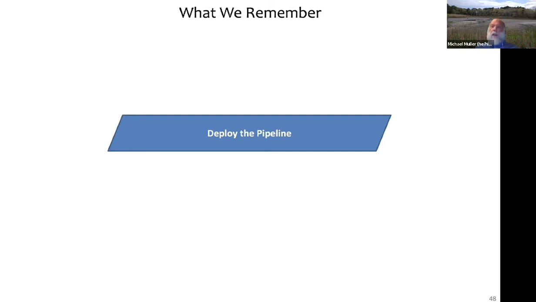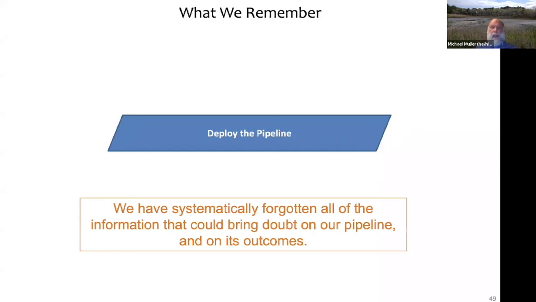And yet, remember all that stuff that human beings had to guess at, that human beings had to apply their best, responsible, and sometimes wrong judgment to, filled with social assumptions that they don't examine. And then there's the pipeline out there, and nobody can see all of those human actions in it. So we've systematically forgotten all of the information that could bring doubt on our pipeline and on its outcomes.